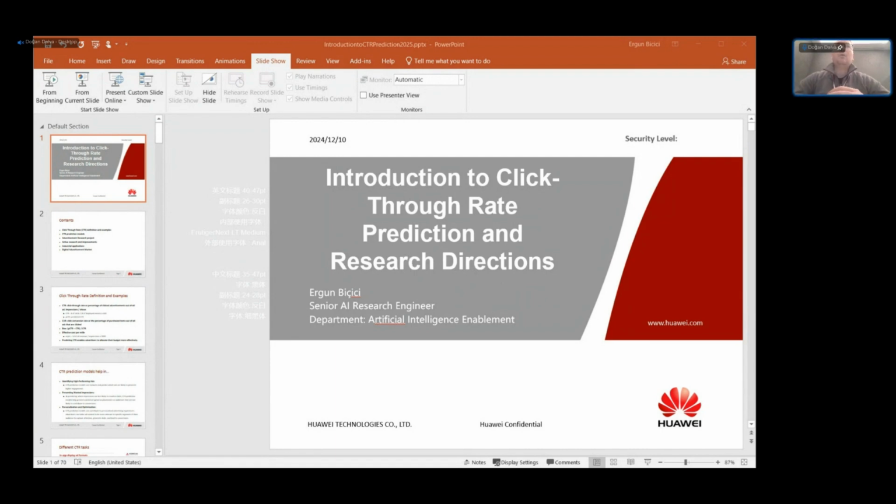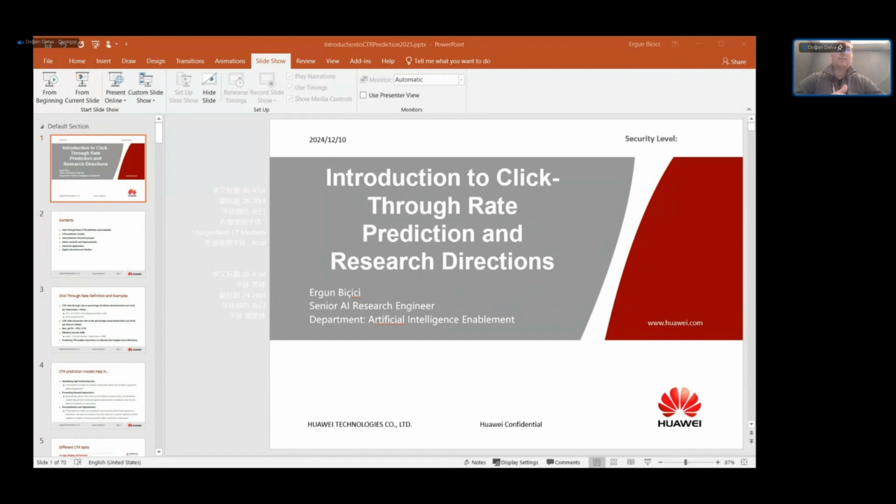As we know, click-through rate, or percentage of clicked advertisements, is the percentage of clicks out of all of the advertisements that are shown to the user. So it's given as a percentage, and PCTR is the predicted CTR, the predictions we have on the CTR.